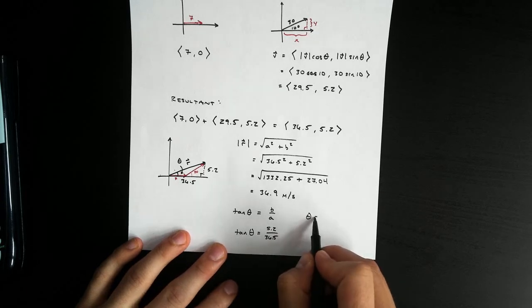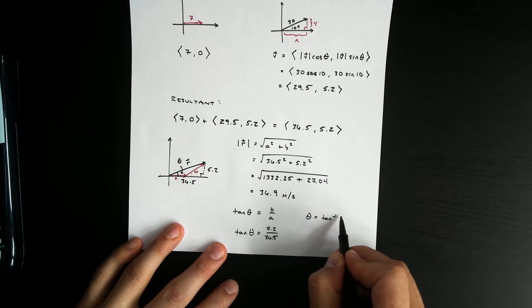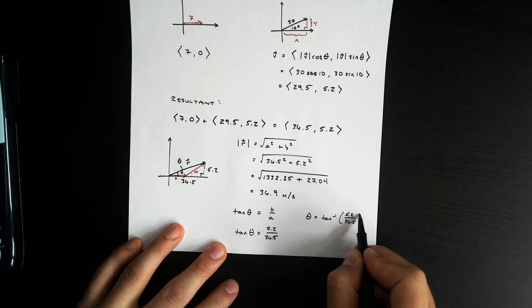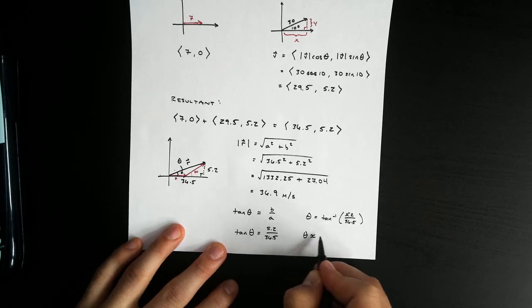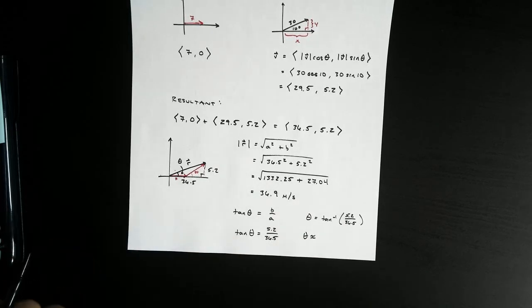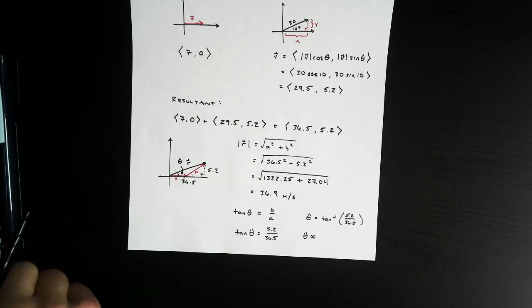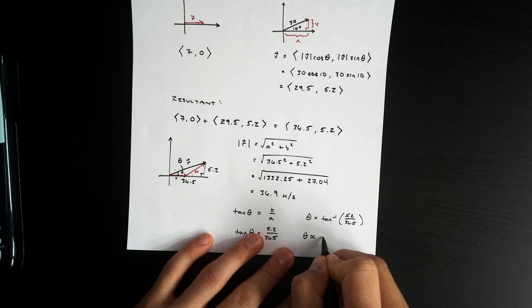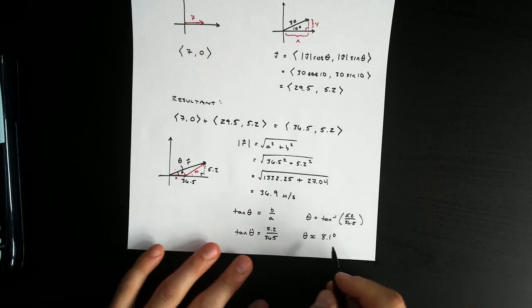And then the inverse tangent of both sides will give us our resultant direction. So let's see what we end up with. 5.2 divided by 36.5, inverse tangent of that, we end up with a direction of about 8.1 degrees.